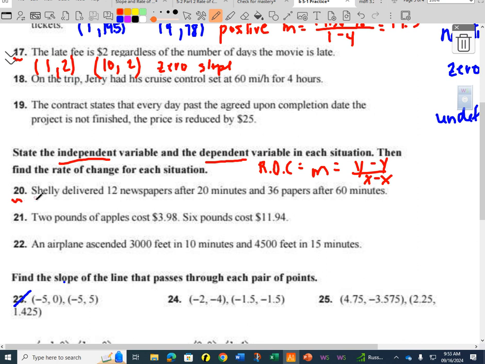Looking here, Shelley delivered 12 newspapers after 20 minutes and 36 papers after 60 minutes. So what do you think is the independent variable and what do you think is the dependent variable? I'm going to give you a hint. Time is almost always the independent variable.